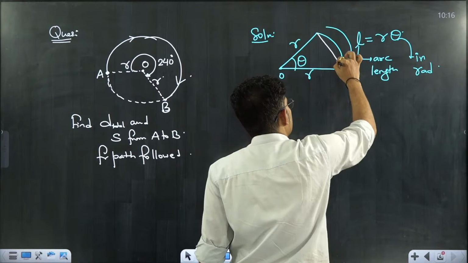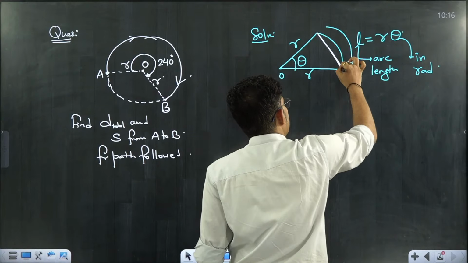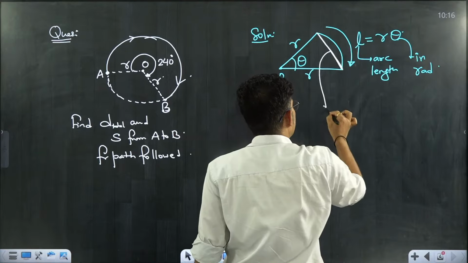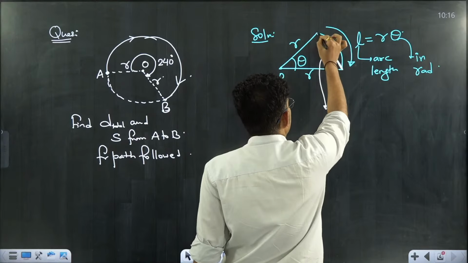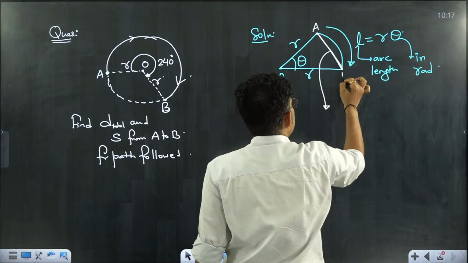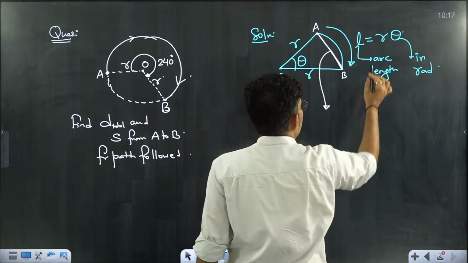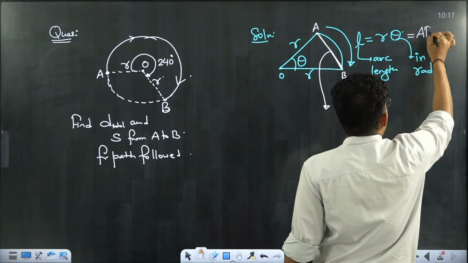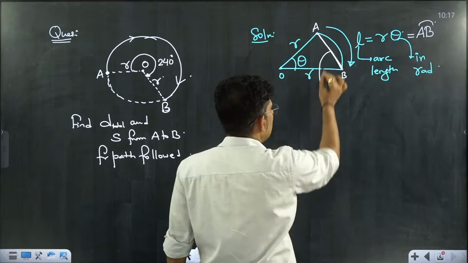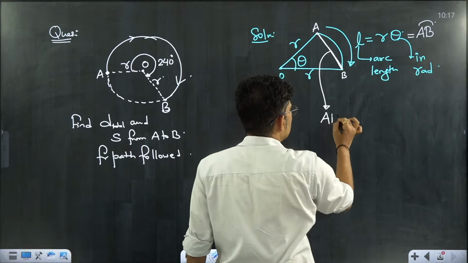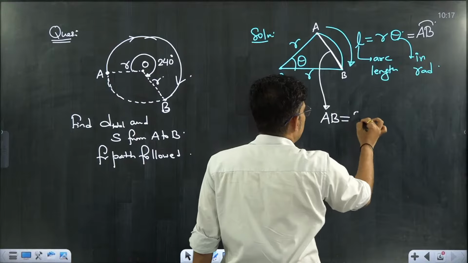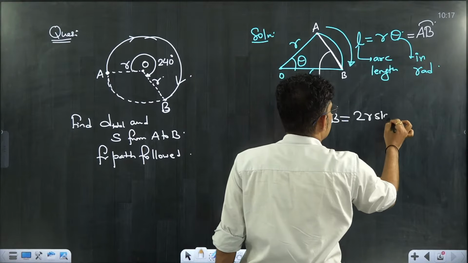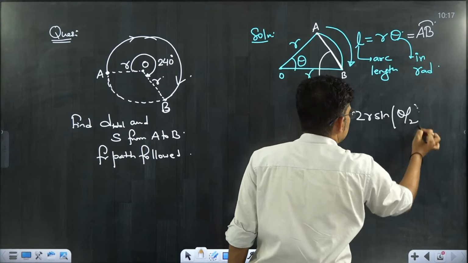But if you see the displacement, the shortest distance, if I mark this as AB, L is equal to r theta, it is the arc length, AB arc. But if you see the straight line AB, this can be written as 2r sine theta by 2.